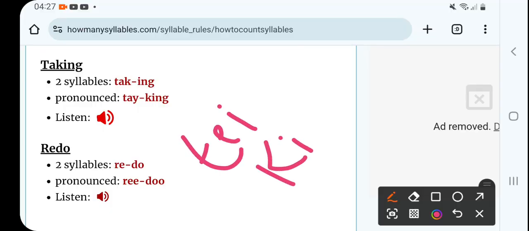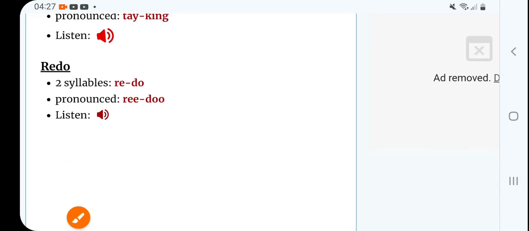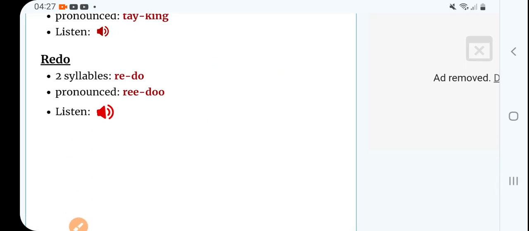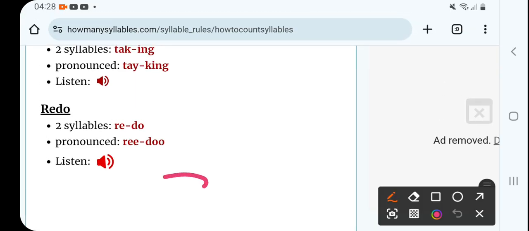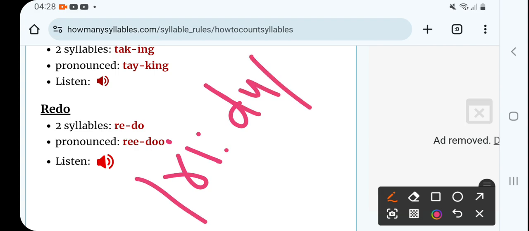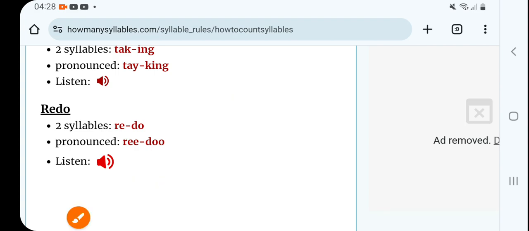That's a tay and king, this way. Okay. Now redo. Redo. So re and do, right? Re do, redo.